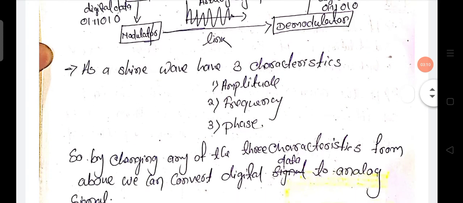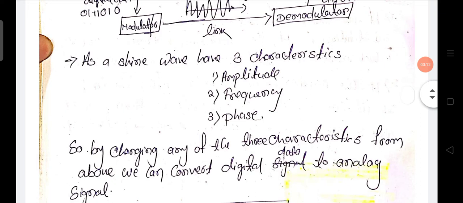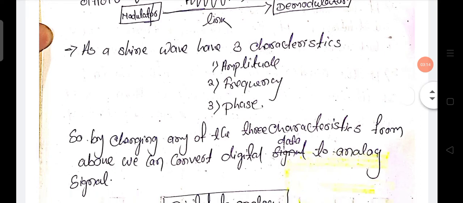So according to the encoding process, we change these three characteristics in accordance with the digital data given, and according to the digital data, we get the encoded signal.